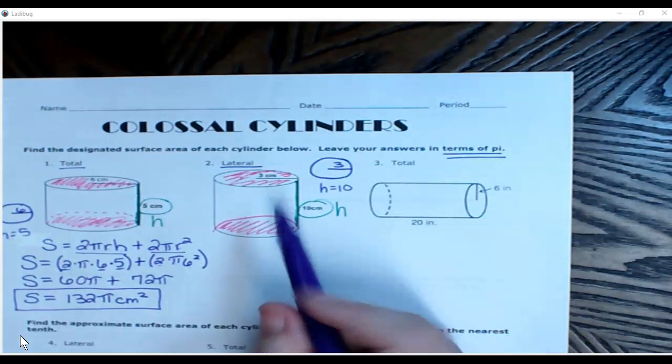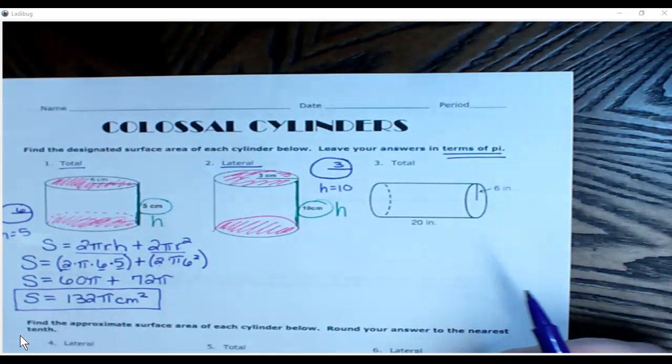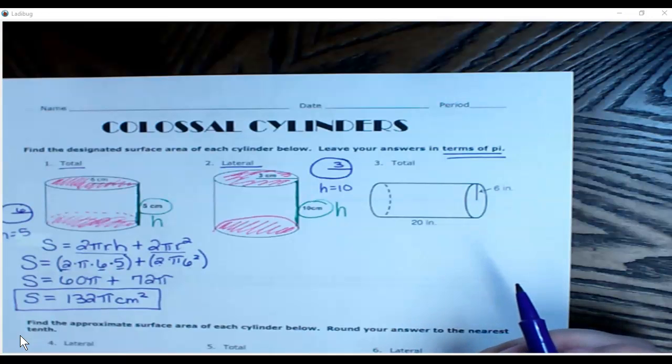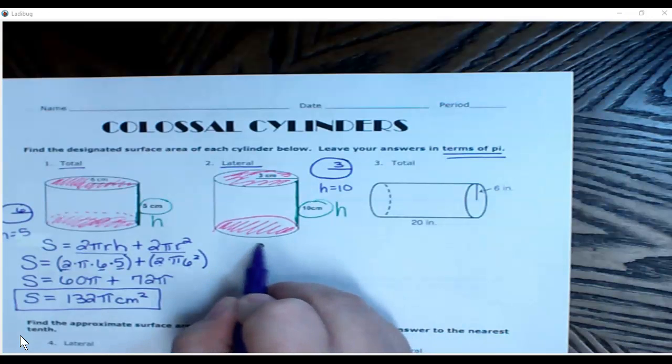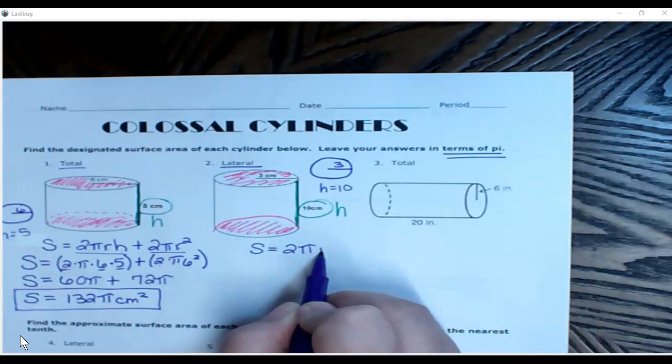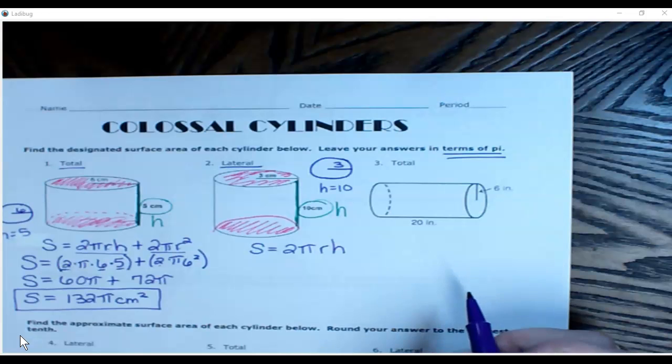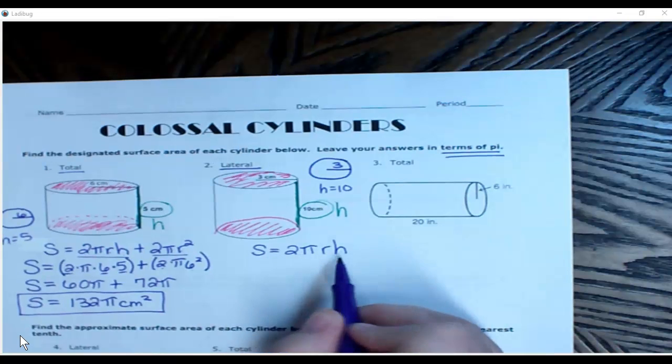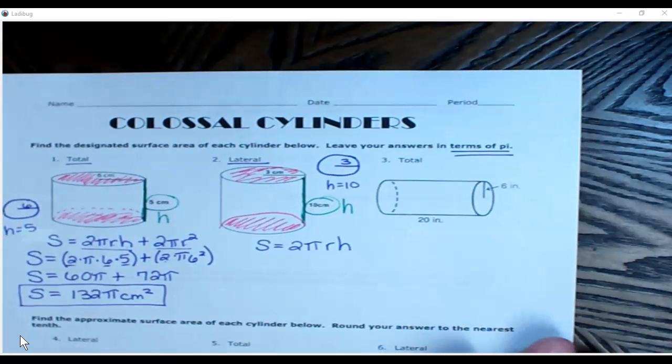All right, so now because it's lateral, we need to go look at our formula chart again and find that formula. Surface area is equal to 2 pi r h. That's the only part of that formula. So now we're ready to substitute in. There's no capital letters, so I don't have to go off and do any side calculations.